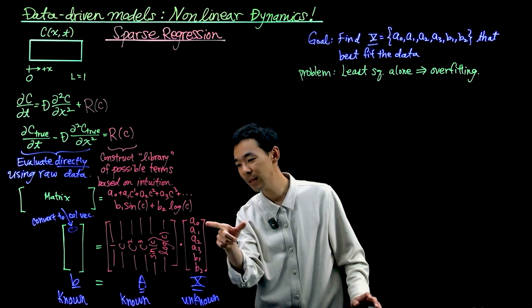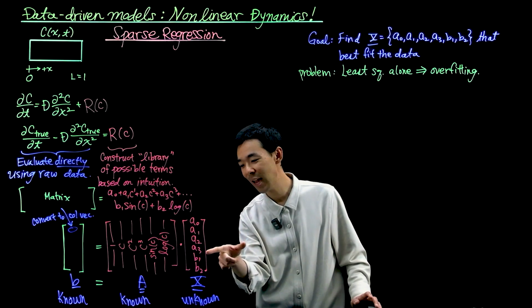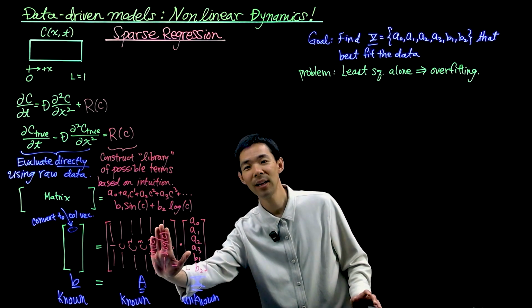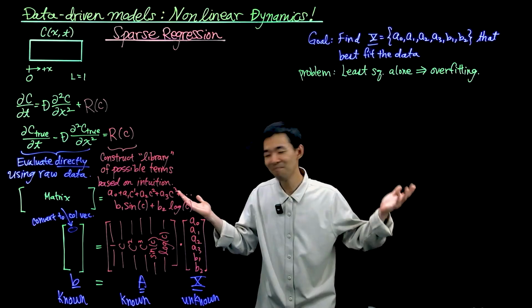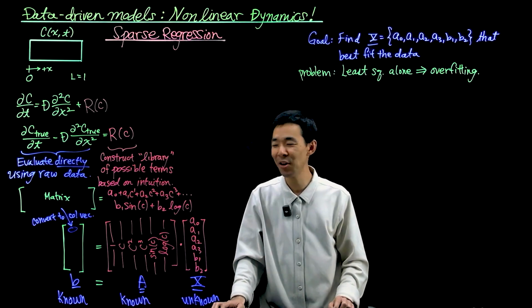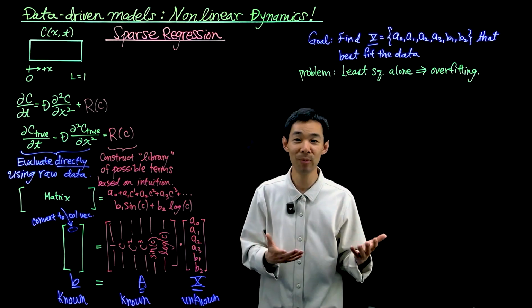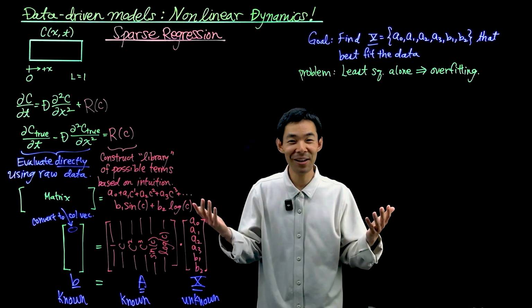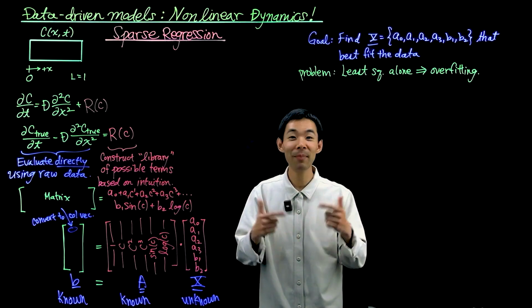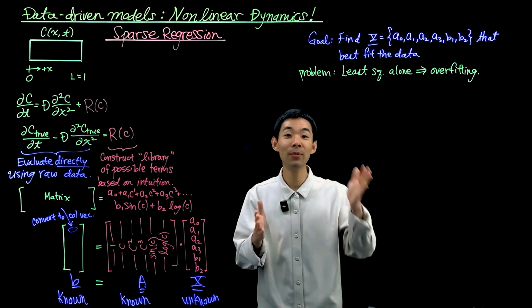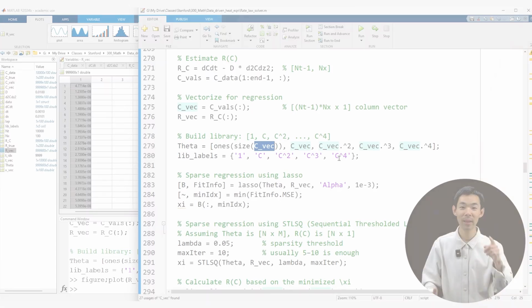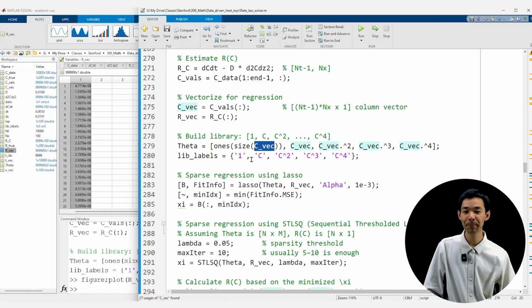So I have A0, A1, A2, A3, A4, but no sine and log C, because based on my physical intuition, I know that my rate law is going to be of polynomial form. If you didn't know, you might want to add a couple of other terms in there based on your physical insight. But I'm just going to go up to a polynomial of degree 4. That's what I've included over here in the library.